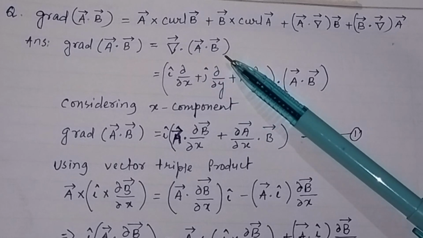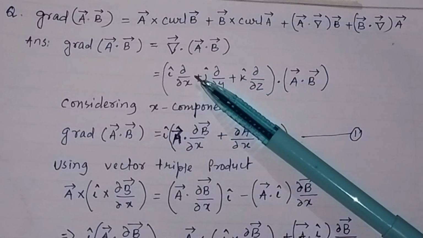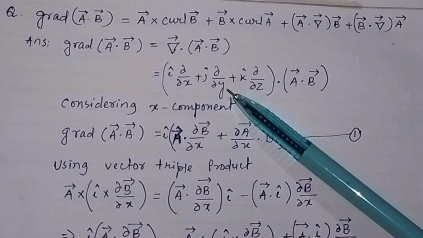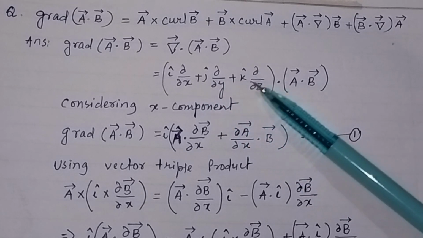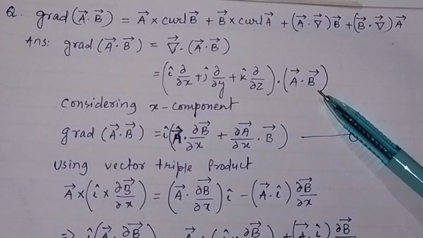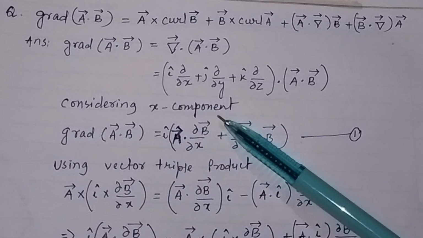del of (A dot B), but the del operator can be written as i cap partial derivative with respect to x plus j cap partial derivative with respect to y plus k cap partial derivative with respect to z, acting on A dot B. We consider first the x component.